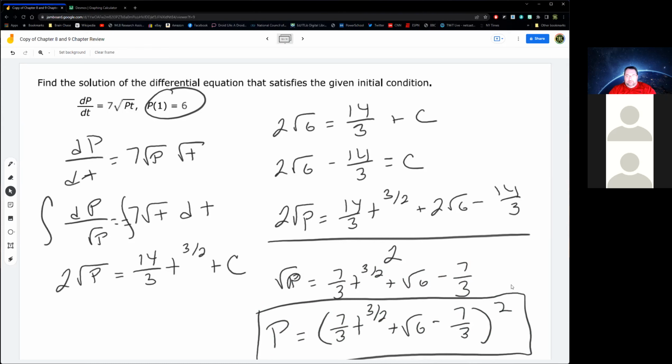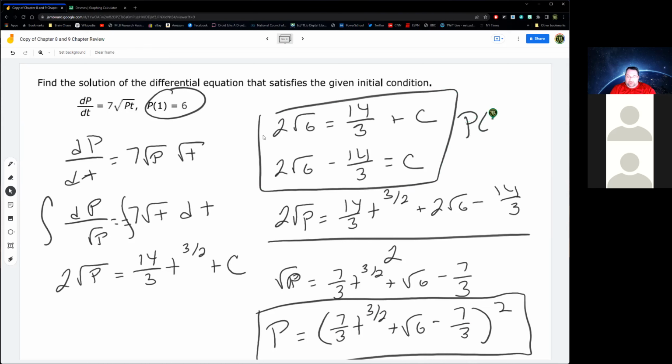Wait, what happened to the t's up top? Why did we not have any t's there? Oh, because I plugged in 1 and 6. So t was 1 and the p was 6. This part up here, I was trying to find C, so I was using p of 1 equals 6.